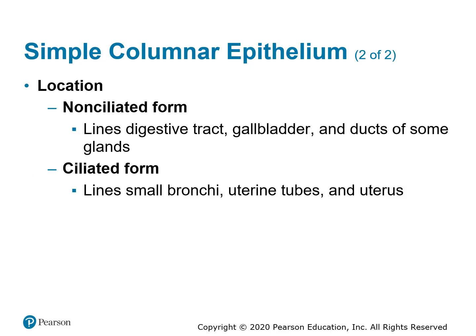Okay, so those non-ciliated forms, they're in the digestive tract, like I was saying, and in some of the ducts, less so in the ducts, but more so the digestive tract. And then the ciliated ones in the bronchi, that's to move that mucus.